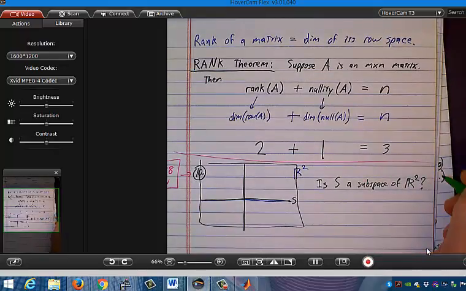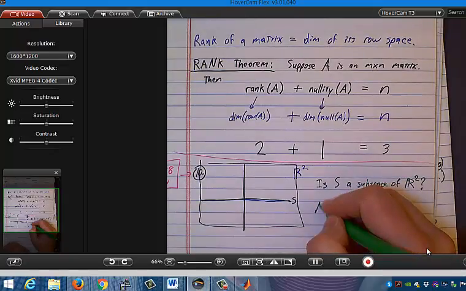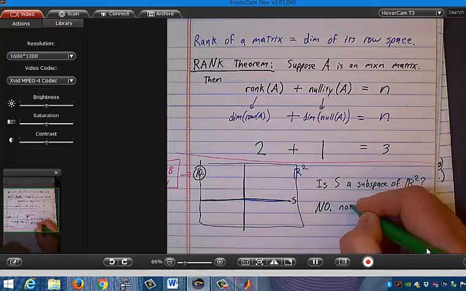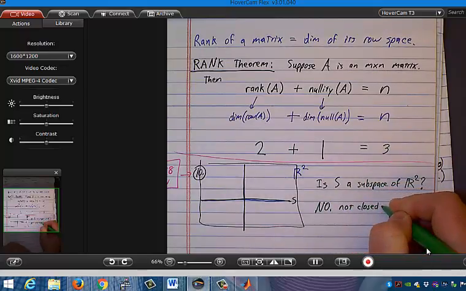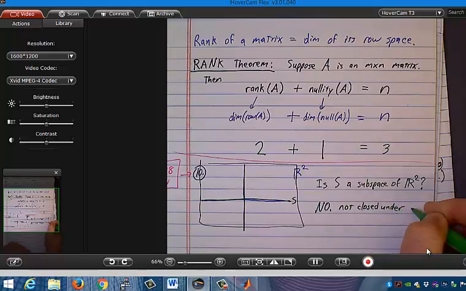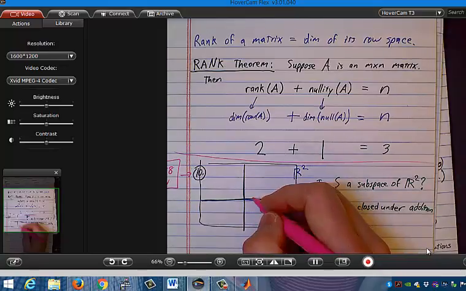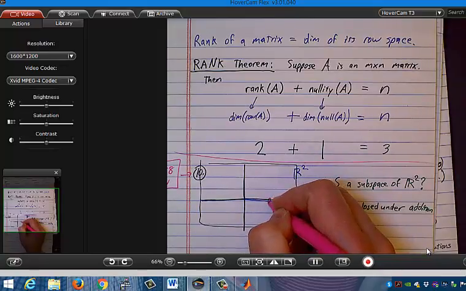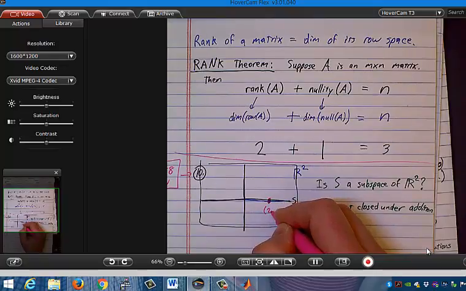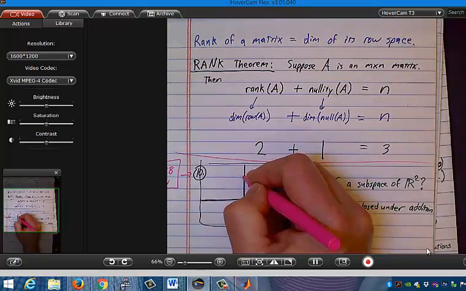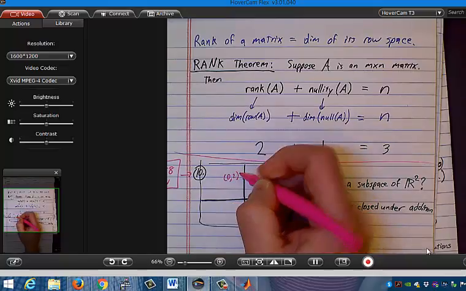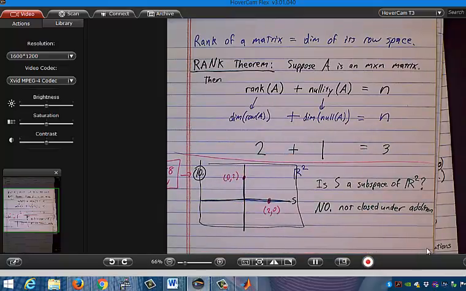No. You say no? How come, Tyler? It's not closed under addition. Because the set contains both the x and the y, the combination of an x and a y point would equal something that's not in the set. Right. So for example, if I took this point here, which is maybe 2, 0, and I add it to 0, 2, what do I get?